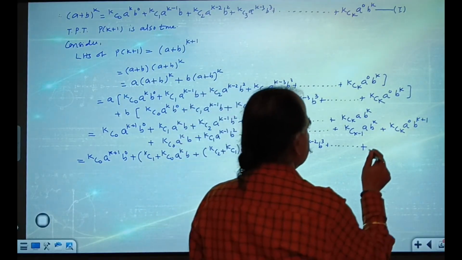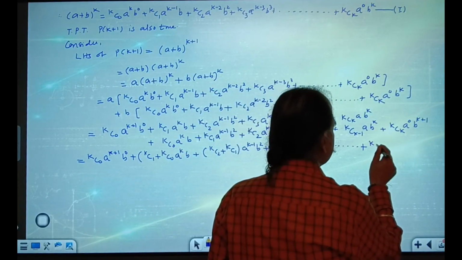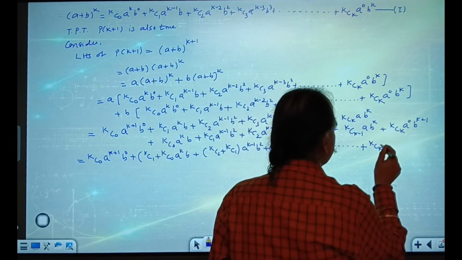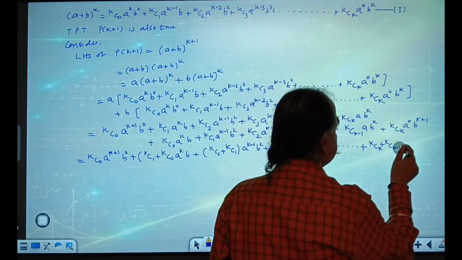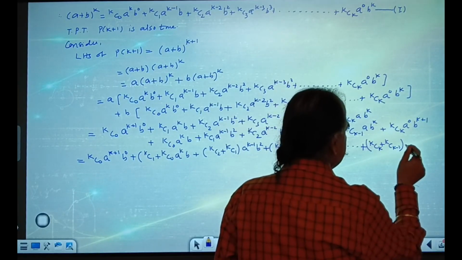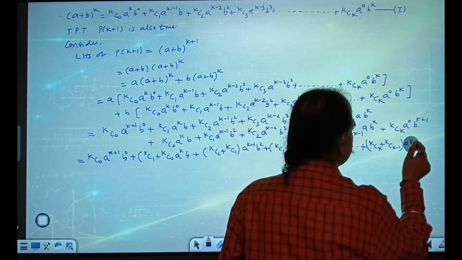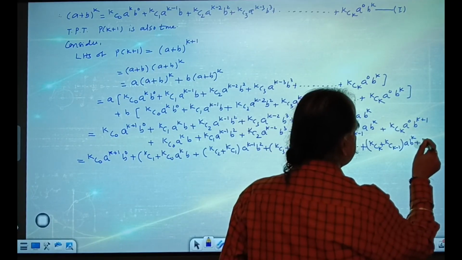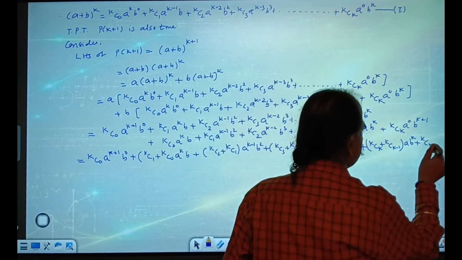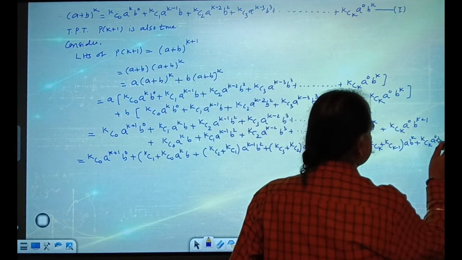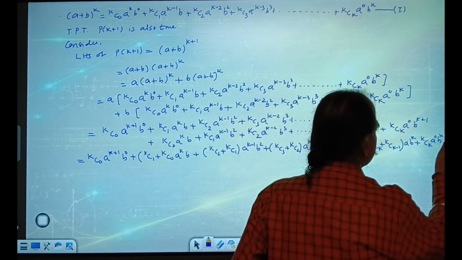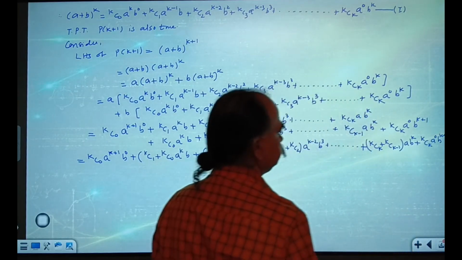plus KCK plus KC(K-1) A B raised to K plus KCK A raised to 0 B raised to K plus 1.